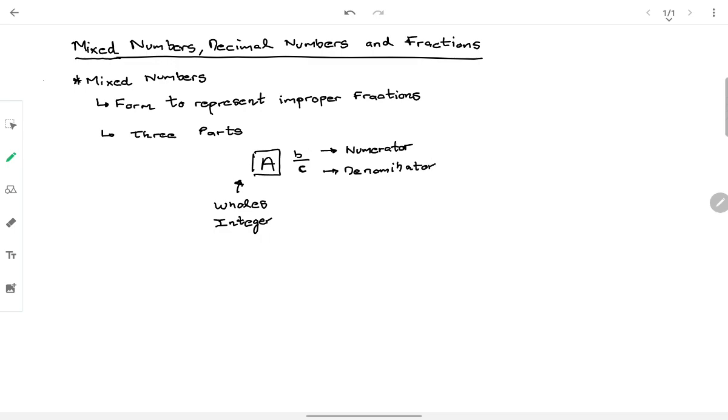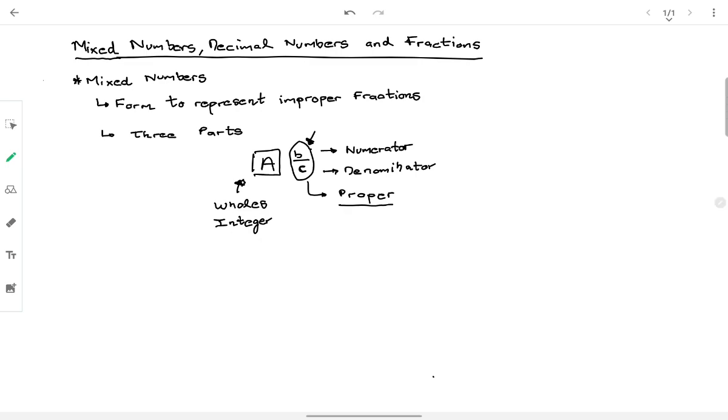This fraction, represented by B and C, must always be a proper fraction. Why? Because if it's an improper fraction, that means we can make another whole integer number from this fraction. So this fraction, remember, needs to always be a proper fraction.